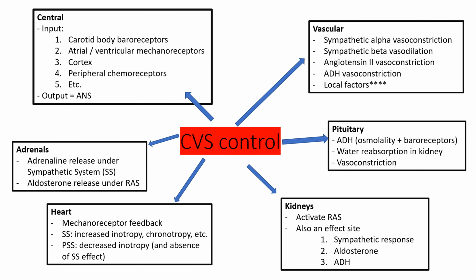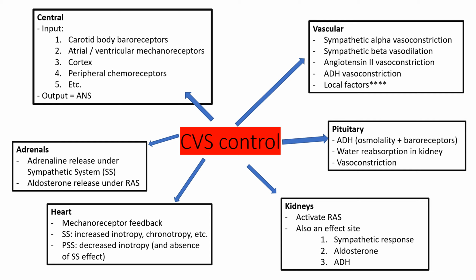The last section to cover in this talk on the essentials of the cardiovascular system is control of the cardiovascular system. And this control occurs via a complex interplay between multiple physiologically monitored variables and then responses by multiple organs.